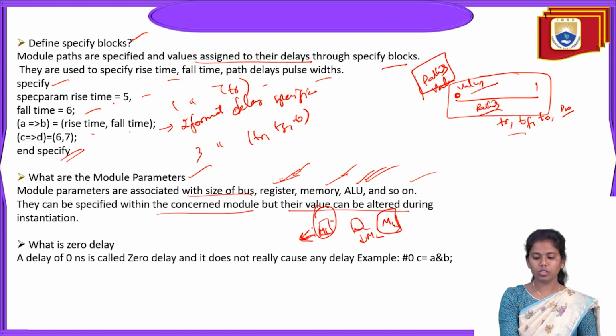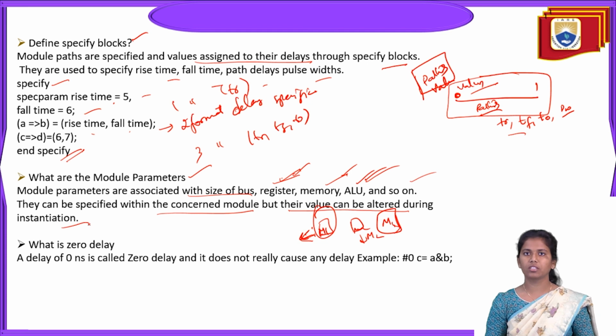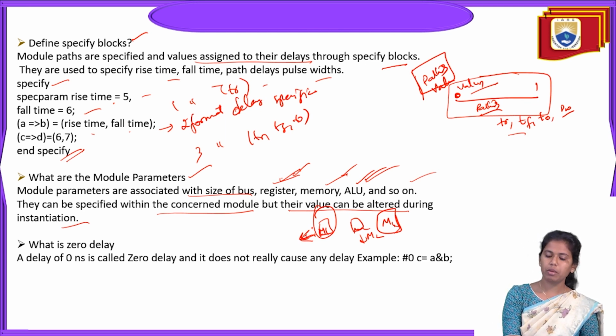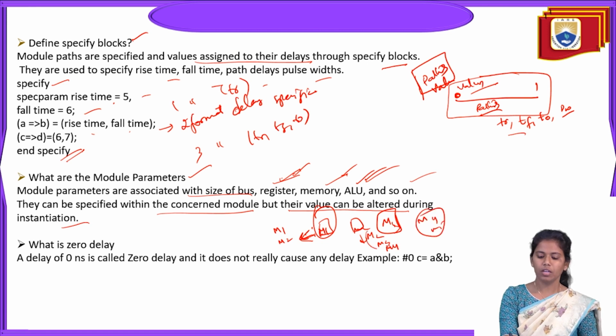But their values can be altered during instantiation. Obviously, if you are considering 3 different modules, the instantiation of the parameters will differ. If you give a memory as M1 for module 1, then for module 2 we may get M2 and M3, or for module 3, M4 and M5. This is how the initialization of the parameters may differ.